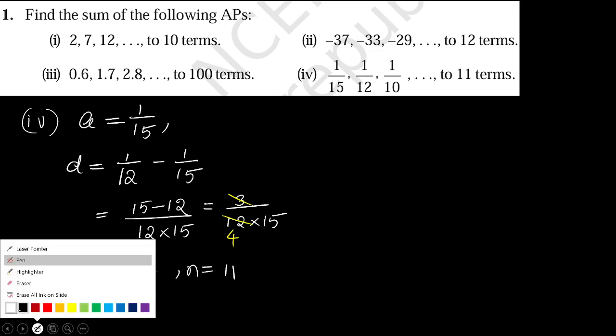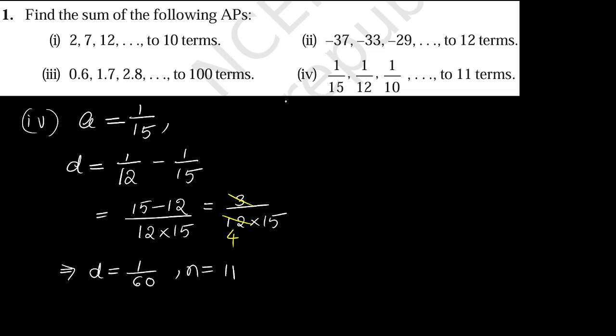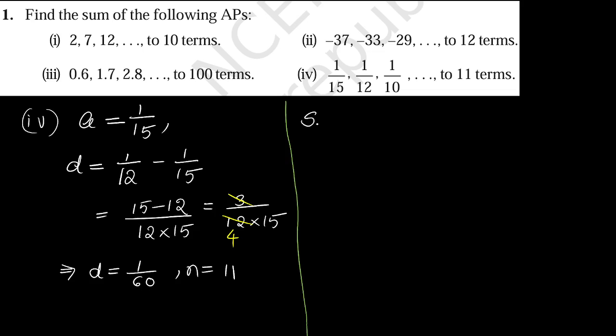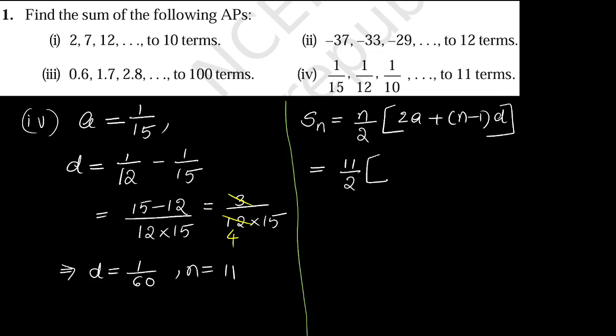Now I want the sum of terms. These are the direct problems. So Sn is equal to n by 2 into 2a plus n minus 1 into d. N is what? 11. I have written 11 by 2 into 2a. 2a means 2 into 1 by 15.